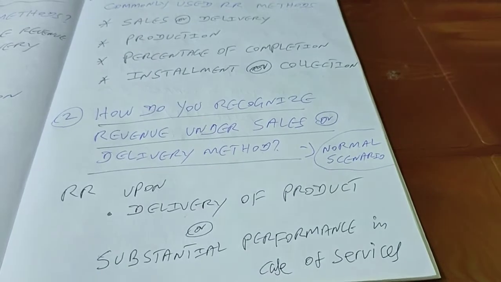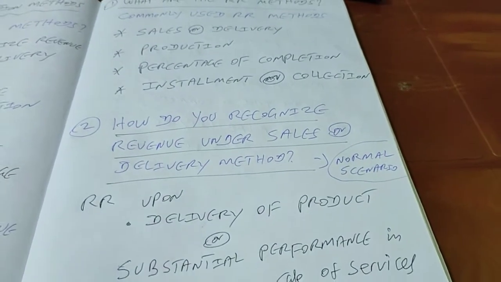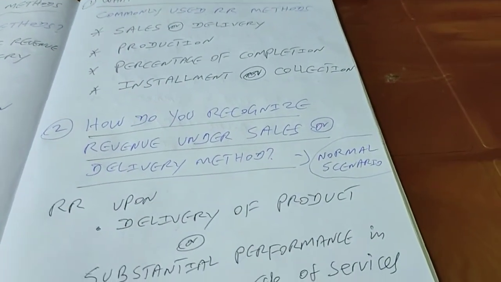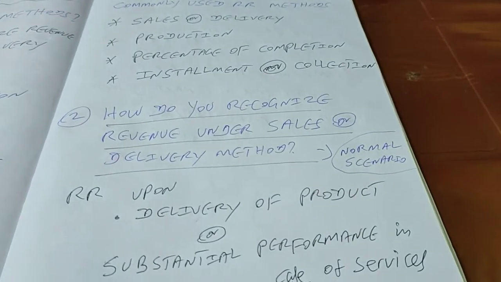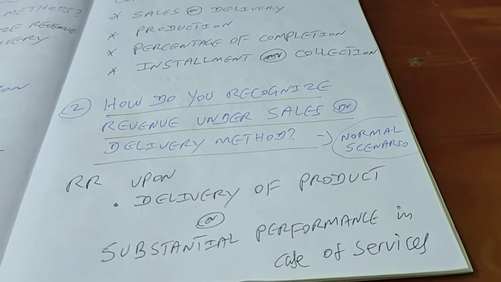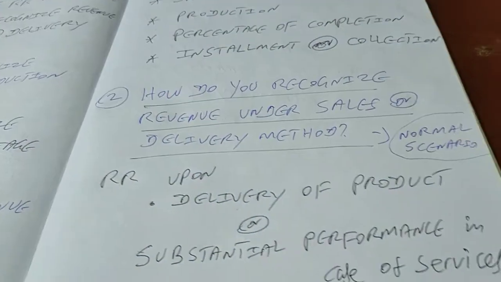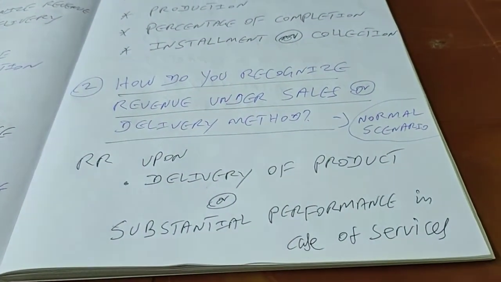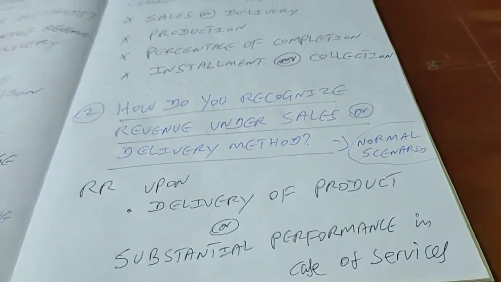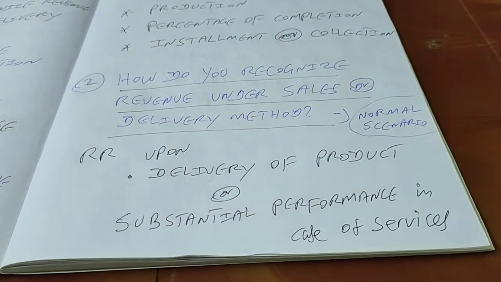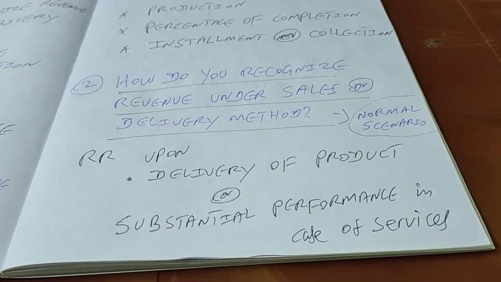As I told you already, the default method in revenue recognition is sales or delivery method. That means revenue is recognized upon delivery of product, or if it is a service, upon substantial performance by the service provider, he or she can recognize revenue.